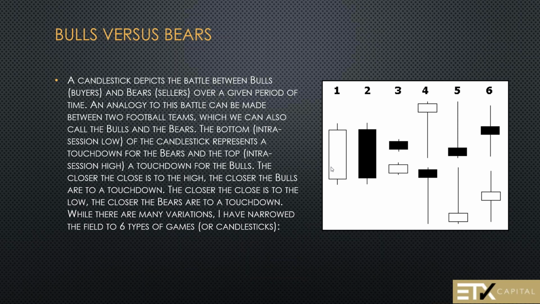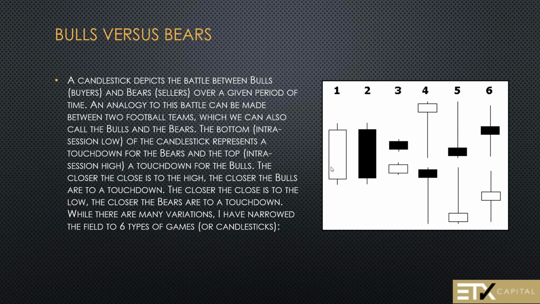And number 1, we have a white candle. Number 2, we have a black candle, or in today's world, we have a green candle and a red candle. What this tells us is, in number one, that the bulls were in control of the market. Number two, it tells us the bears were in control of the market.